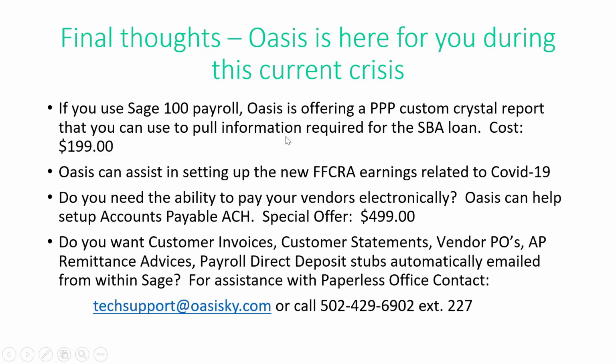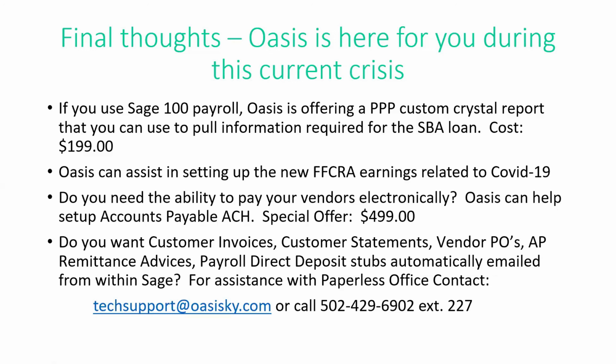You should have received an email last week about Oasis offering a custom PPP report that pulls information from your payroll that is required if you are going to be applying for one of those Small Business Administration loans that the government is offering, those forgivable loans. We do have the reports available, and we are doing that at a low fixed fee of $199.